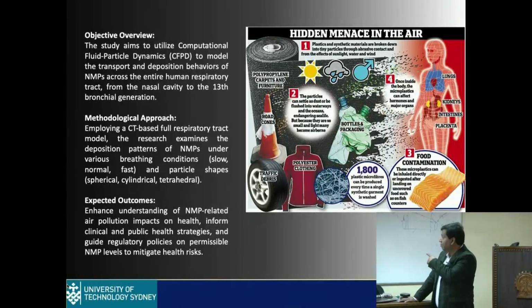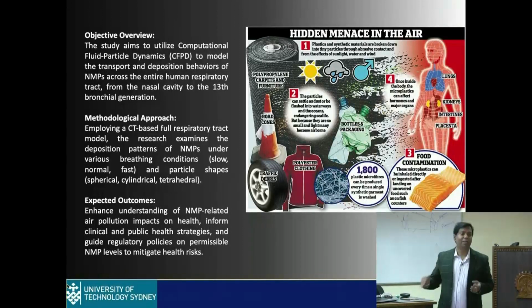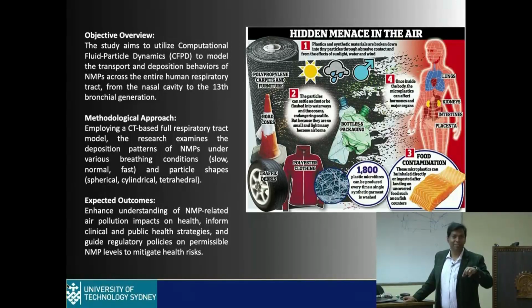Because it is heavy, it is making friction with the surface of the road, so it is producing a lot of microplastic and nanoplastic. You see, this is another pollution. Previously it was fossil fuel pollution, now it is becoming plastic particle pollution. So, we need to think about it.